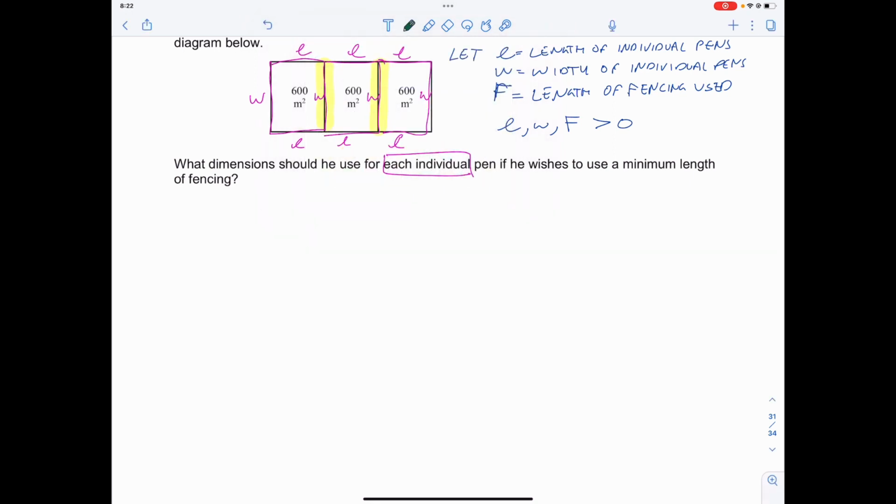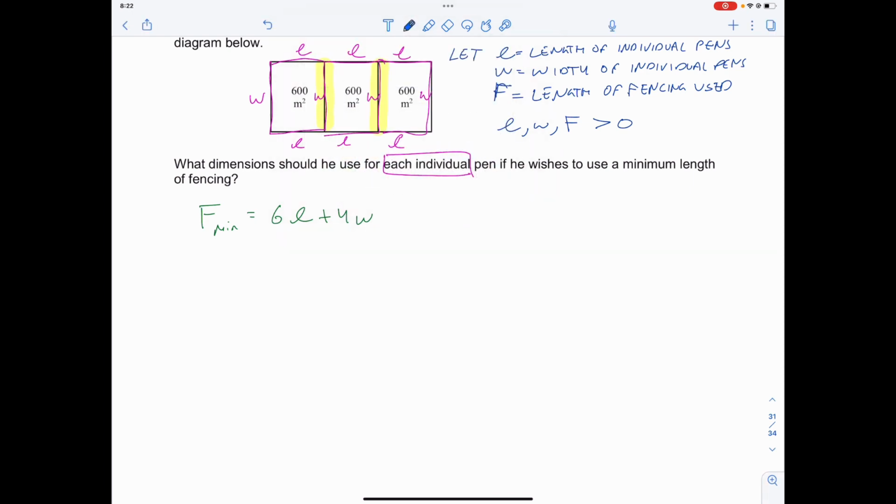So the amount of fencing, trying to make it a minimum that they're using, is going to be 6 lengths and 4 widths.